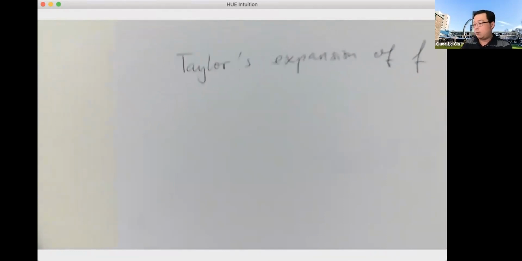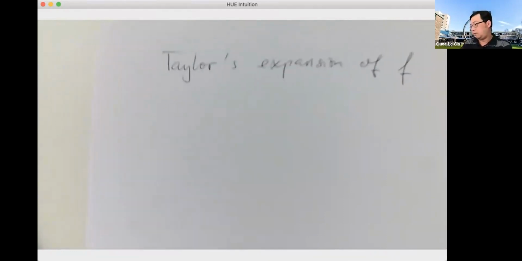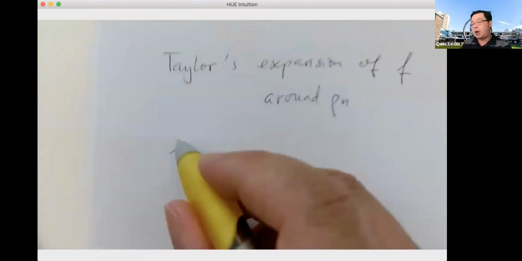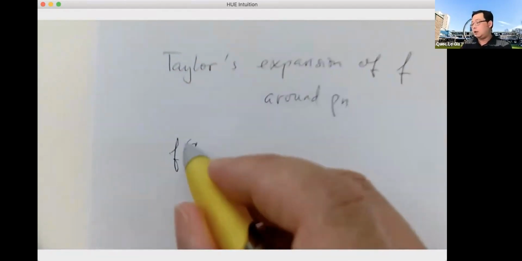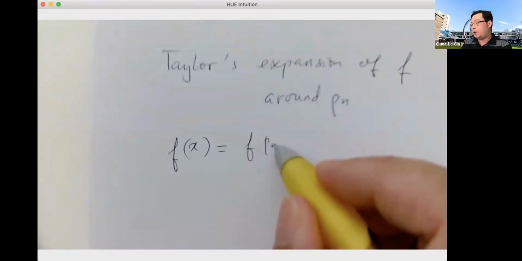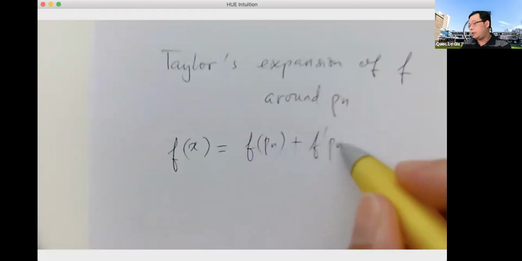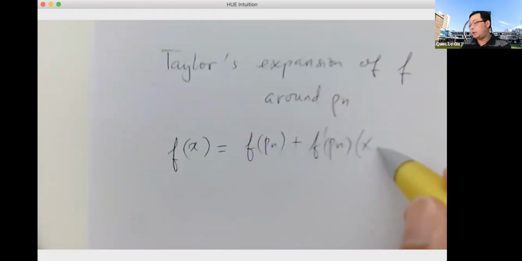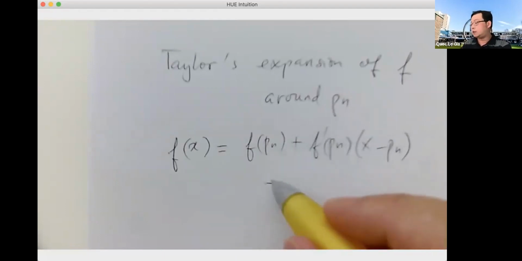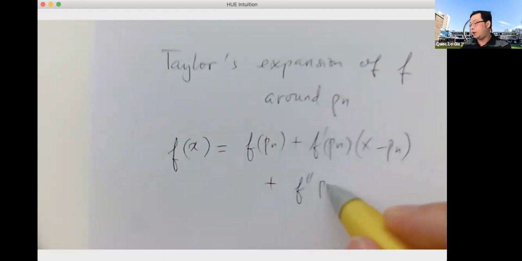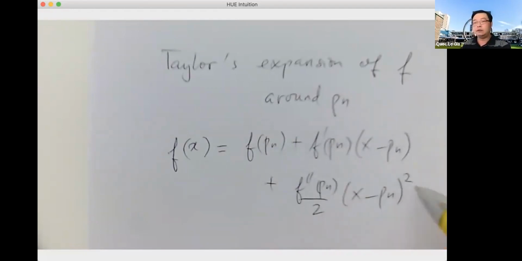If you remember, the Taylor expansion will be f(x) equals f(Pn), plus f prime(Pn) times (x minus Pn), plus f double prime(Pn) over 2 times (x minus Pn) squared, plus something of higher order.